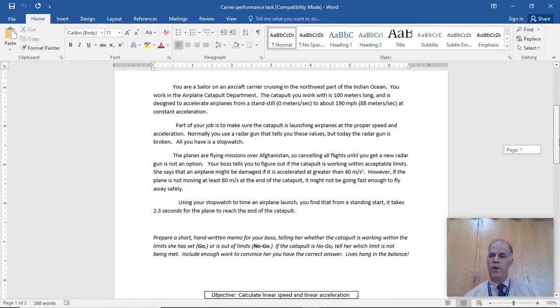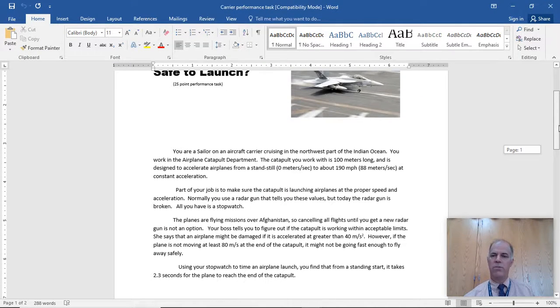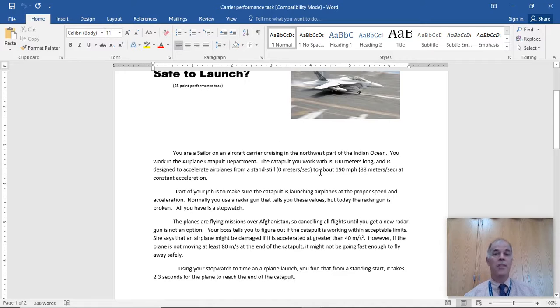I do want to point out one thing because this is an error that students make. I can catch it with students that are going in class, but those of you at home won't see this. This first paragraph is about what the catapult should do, if it's working properly. You don't care about that.